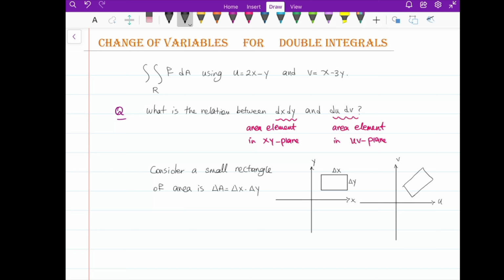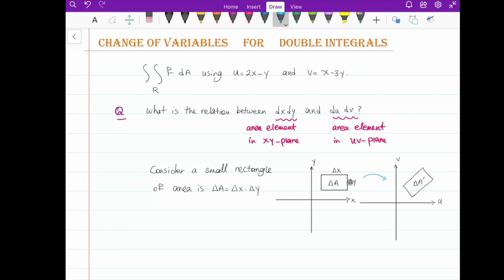I'm going to call the area of the parallelogram delta A prime. After the transformation, this rectangle becomes the parallelogram. And now I'm going to see exactly what the parallelogram is that I get with this transformation.